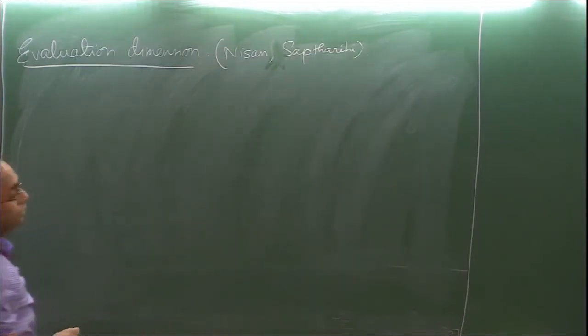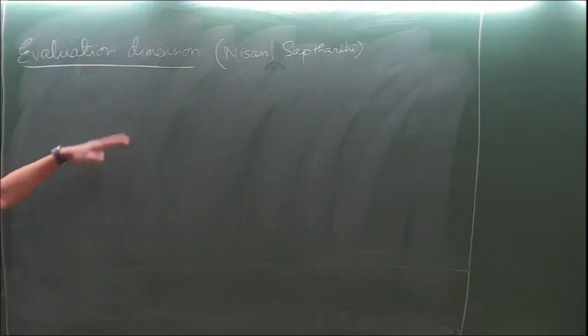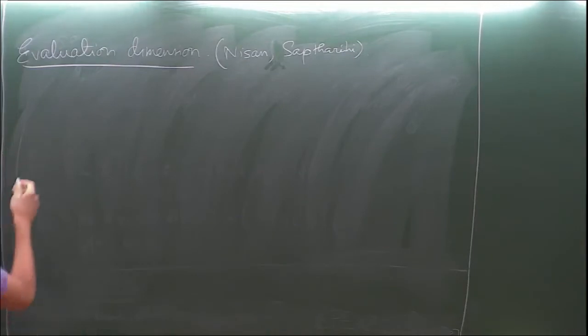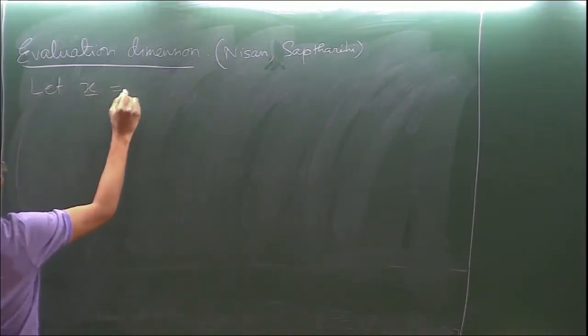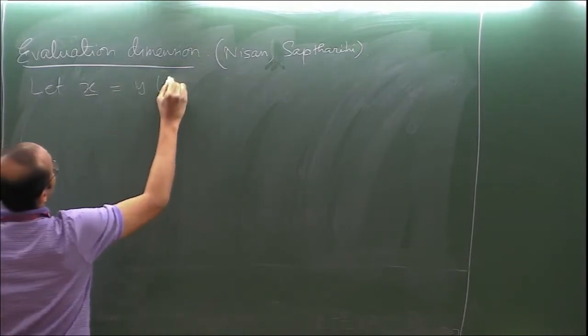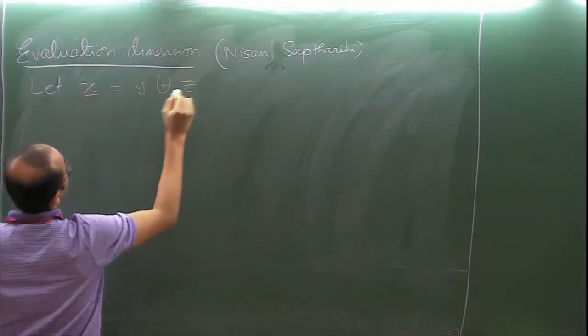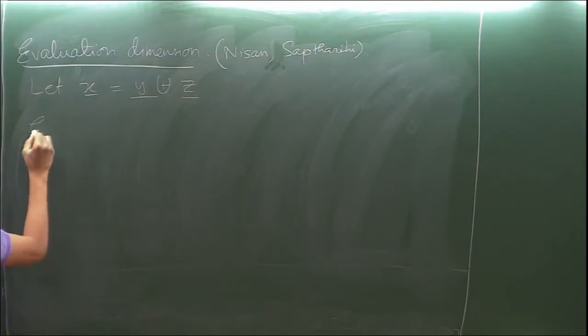And it's a convenient version to work with because the definition goes over any field. So it's the following: let the underlying set of variables have a partition into y and z variables.